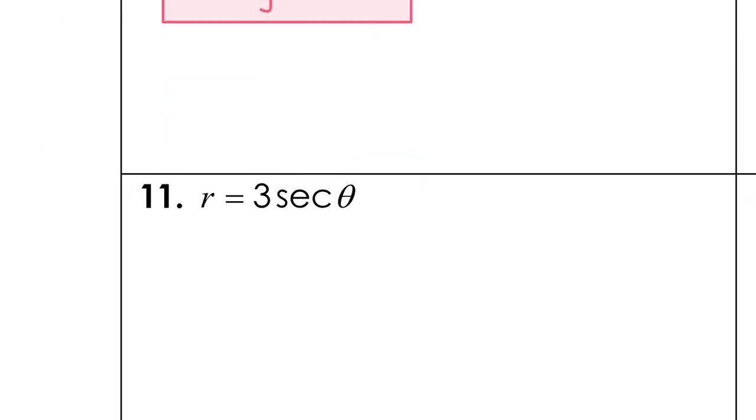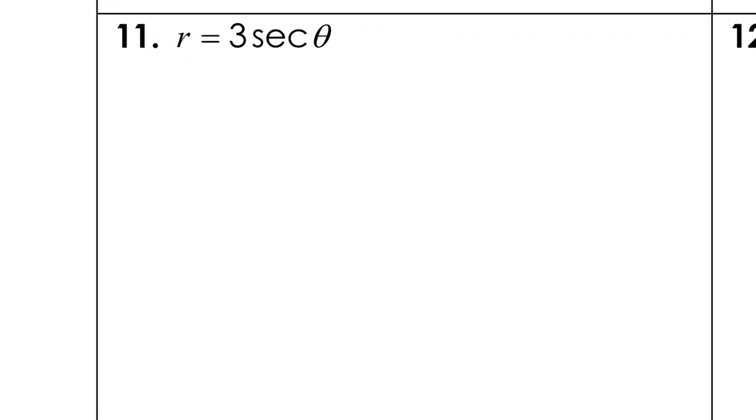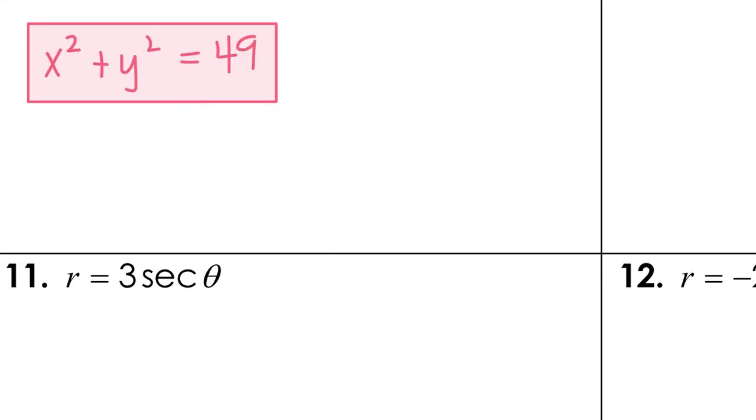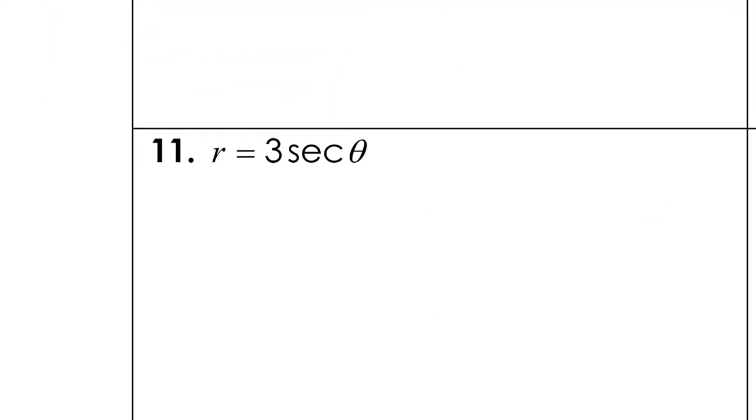Okay, let's do the next one. Now I have r is equal to 3 secant theta. Well, we're going to use the fact that, well, no, if I put x squared plus y squared, that still doesn't help me too much.